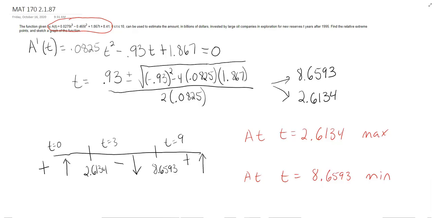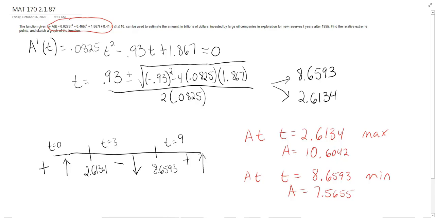If we do that on our calculator, we get A equaling 10.6042 and A equaling 7.5655. We write these as ordered pairs, t first and then A second.